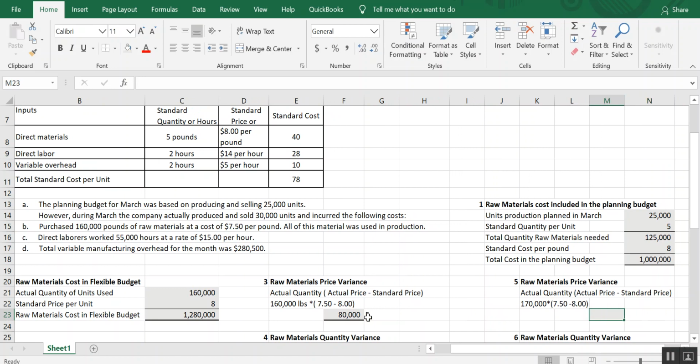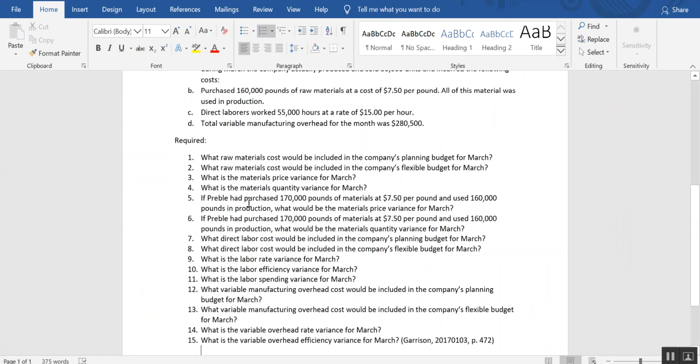Okay. Now, for number 5, if we go back over here to the actual problem, it says, what happens if they would have purchased 170,000 pounds of raw material at $7.50 a pound and used 160,000 pounds? What would the materials price variance be for March if they did that?